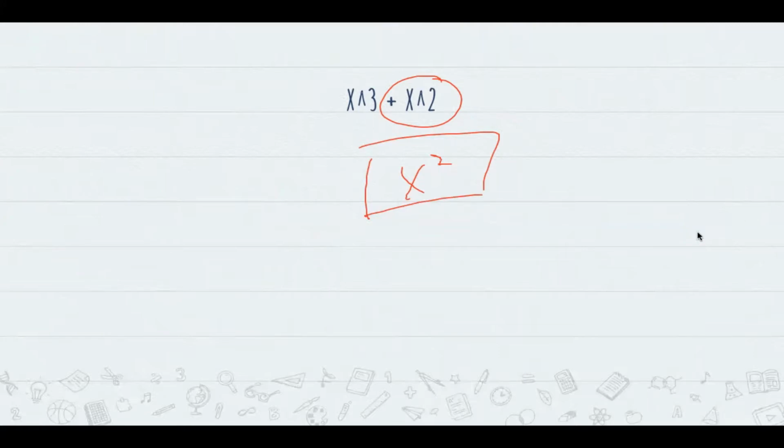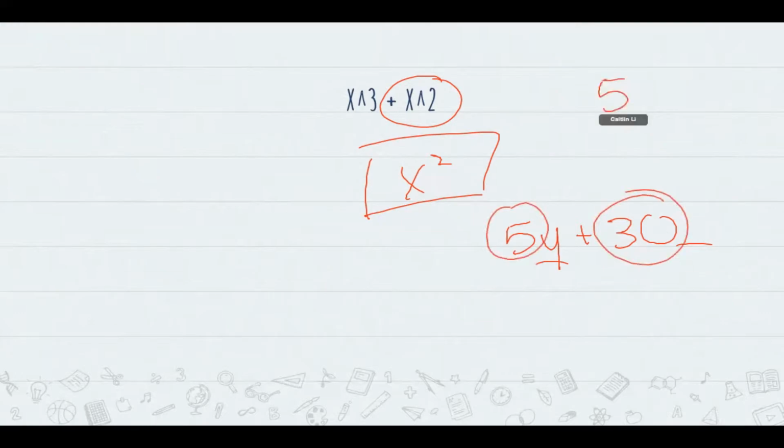But what if a problem looks like this? There is only one variable and the other number doesn't have a variable or an exponent. How would you factor this? Well, you basically just rewrite these numbers, find the lowest, which is 5.